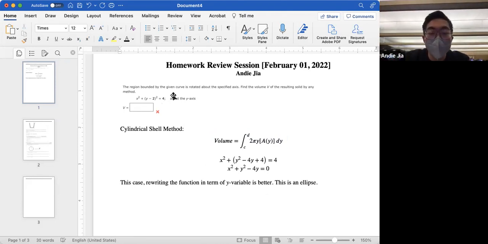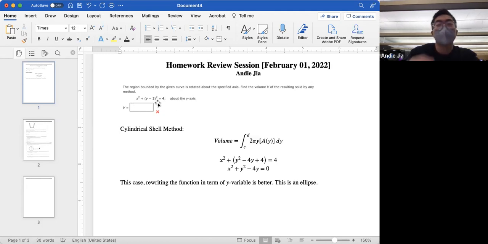If you put this function as an ellipse and set x equal to 0, then y is 4 or 0.